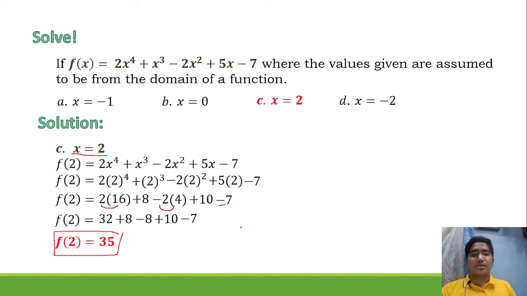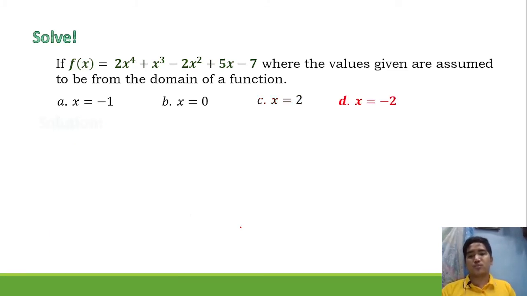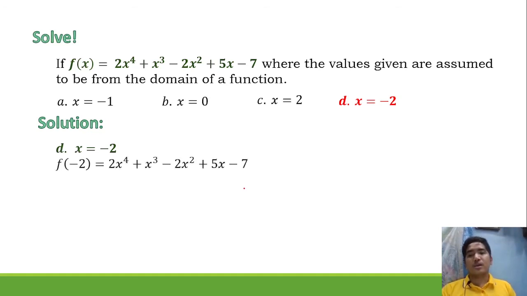Okay, next. So for letter D, we have x is equal to negative 2. So find the value of that function which is x is equal to negative 2. So we have f of negative 2 is equal to 2x to the fourth power plus x cubed minus 2x squared plus 5x minus 7.